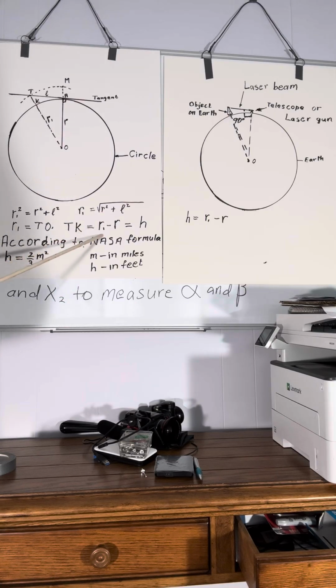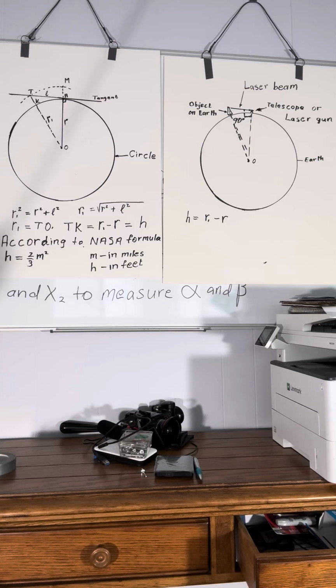TK is equal to R1 minus R. That is H, the difference in height. As you move along the tangent and the circle, they separate. You move, the circle goes this way, the tangent goes straight.